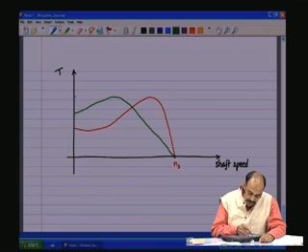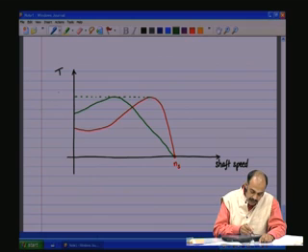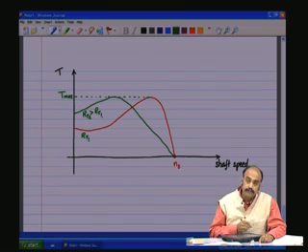So you see that the peak torque, of course, is the same. This is T max. So this is, let us say, rotor resistance RR1. Now here RR2, which is greater than RR1.